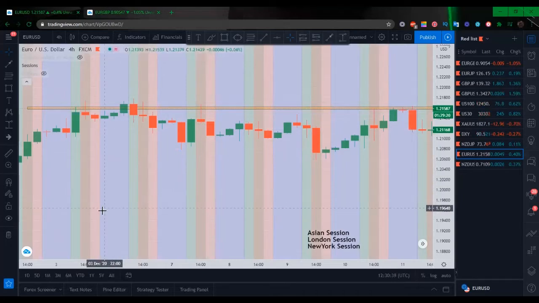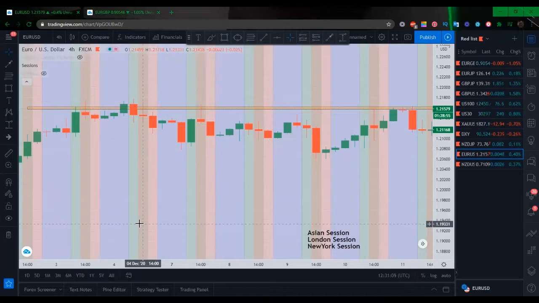That's the Asian time, running freely like this without any overlapping. And then we have the London session that opens in Nigeria around 9 a.m. And then the New York session comes in, overlapping around 1 p.m.